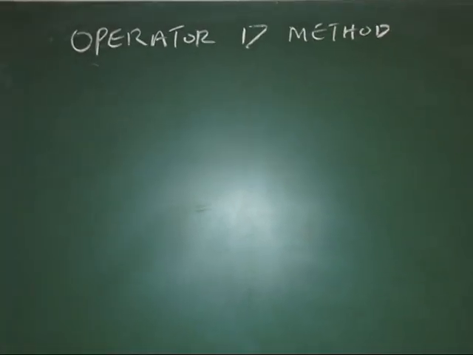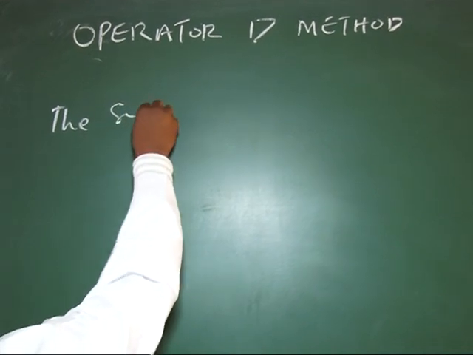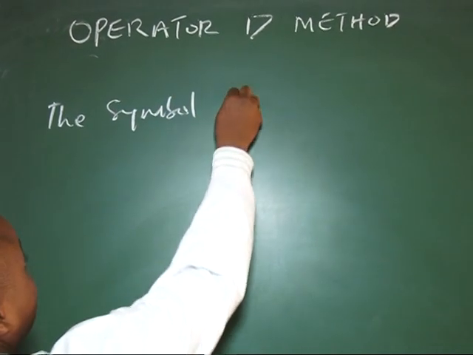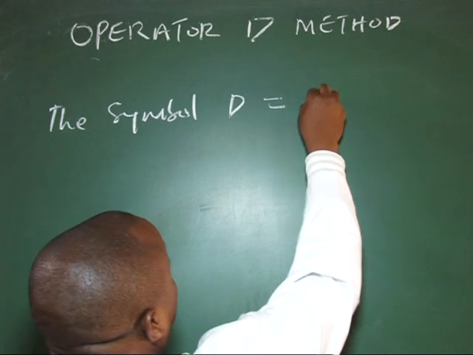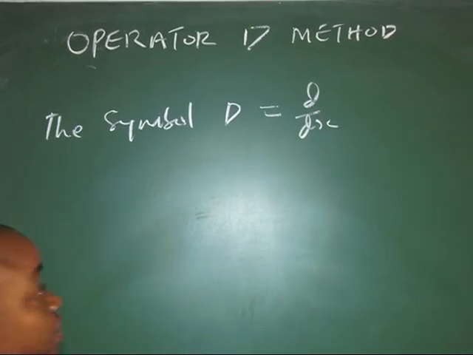And we want to look at another method of solving non-homogeneous differential equation with constant coefficients, known as the operator D method. The symbol D is equal to d dx.